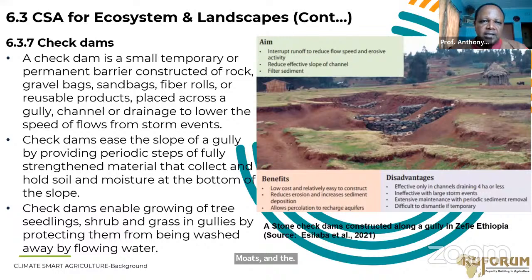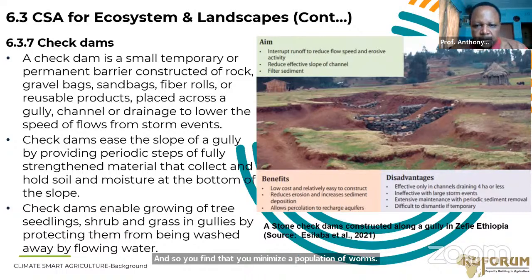When you apply this along your crops within the furrows, like if it's your maize crop, then they are disoriented and not able to lay eggs. And so you minimize the population of worms. That's what comes to my mind about this question, but there might be someone who might have an added answer to it.